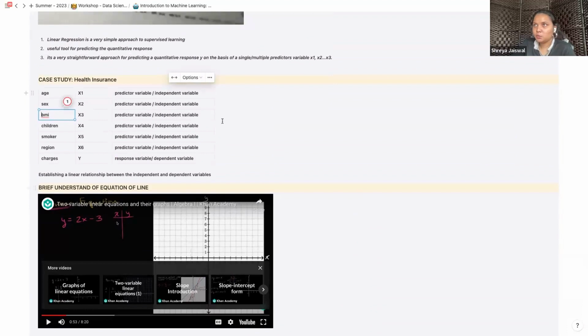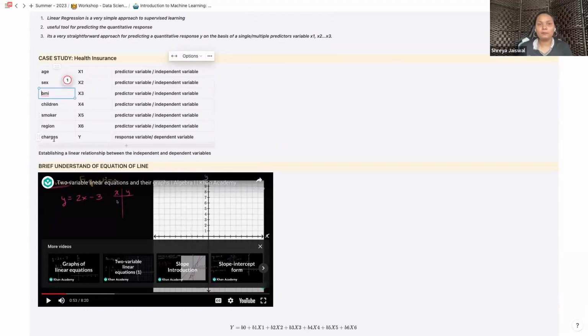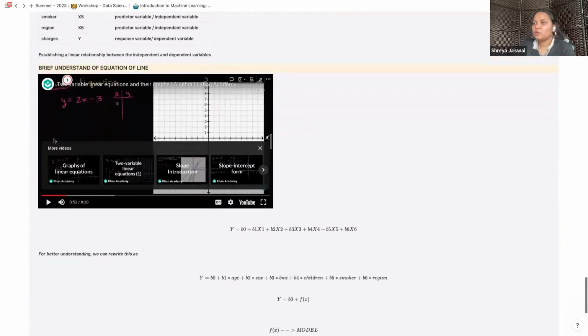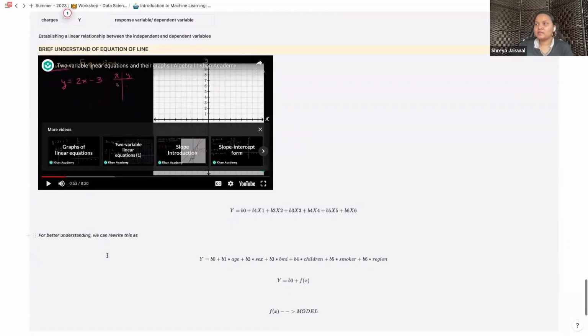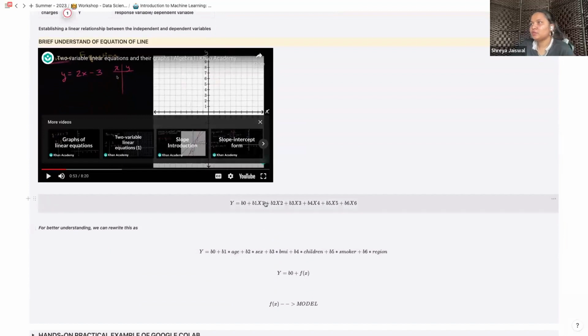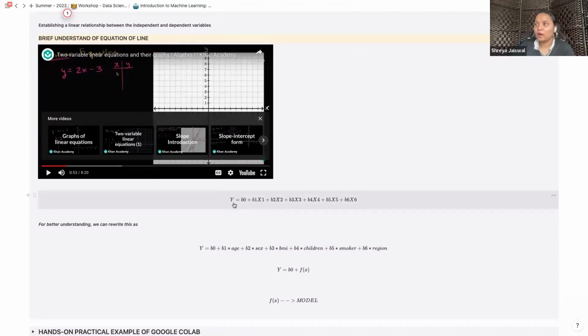But in our case, we are trying to predict our charges based on multiple independent variables. So this is more of a multiple linear regression problem. This particular equation is for a multiple linear regression problem, where we have one response variable and multiple independent variables.